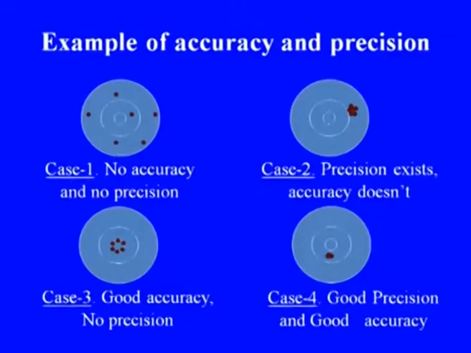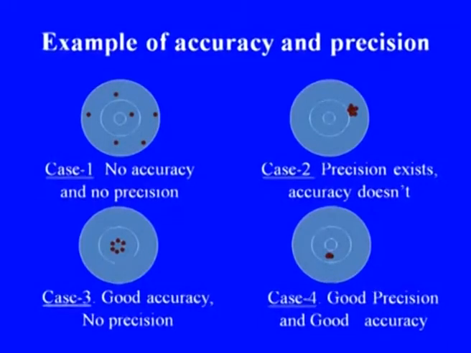A very good example of accuracy and precision can be understood by considering the shooting example as shown in the subsequent slide. The innermost circle in this represents the tolerance or specification limit. Here there are 4 cases. In case 1, bullets are being fired in this fashion.